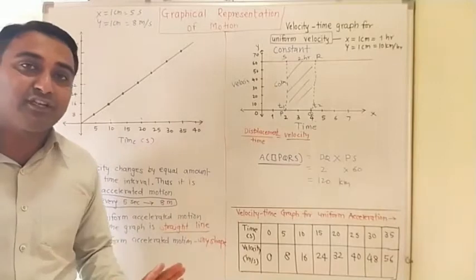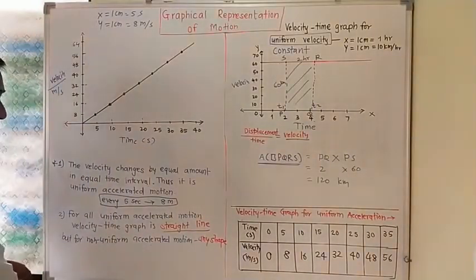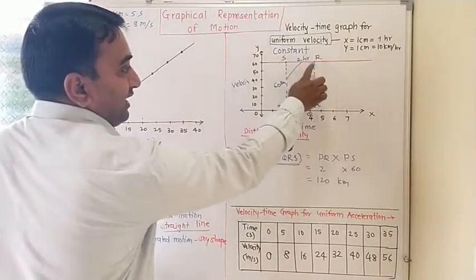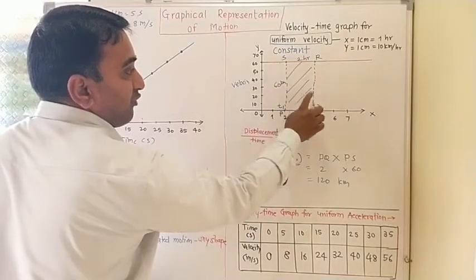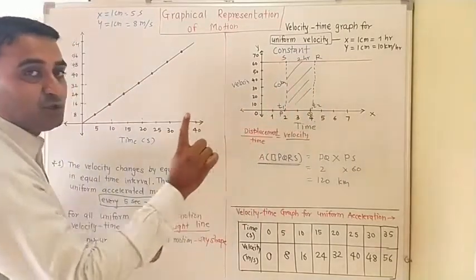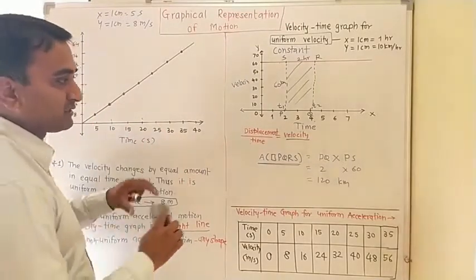So here the explanation is, any shape. Now as we have discussed here, the area of this quadrilateral formed in between any two time intervals is equal to the distance traveled by the train or the object.